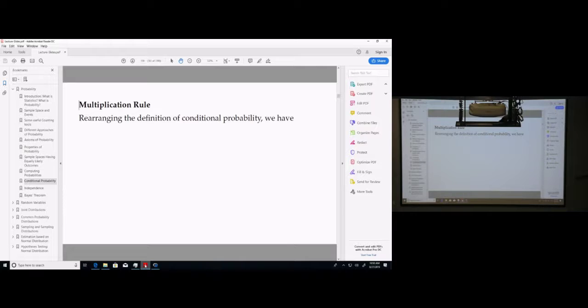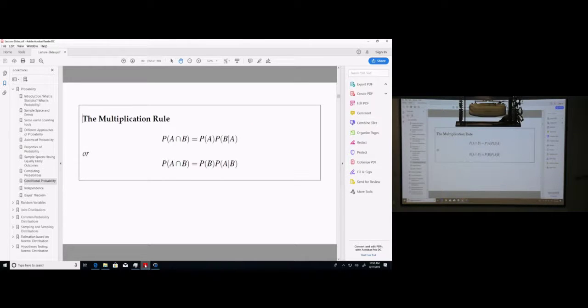Okay, so rearranging this, we will have the probability that A and B happen jointly is equal to the probability of A given B. Okay, I know you guys are very excited, but can you tune down your volume?